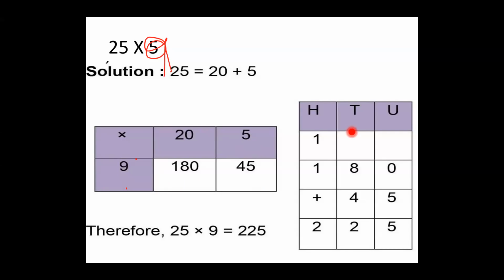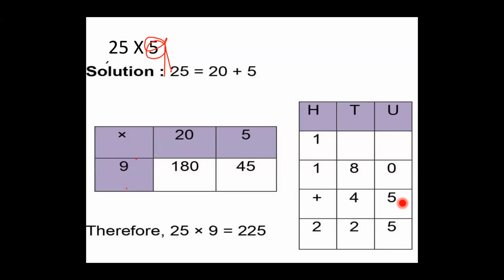So we are going to draw the table in which we are going to place hundreds, tens and units. 180 we are going to write over here starting with the hundreds place and 45 starting with the tens place. Now look at the units place. Units place is 0 plus 5. 0 plus 5 is how much, students?